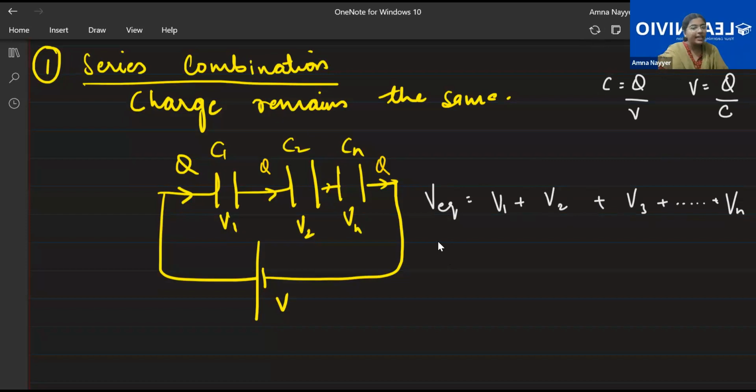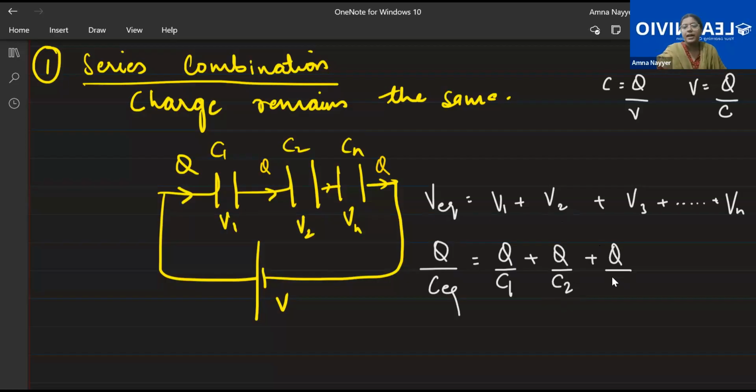Equivalent potential will have equivalent charge by equivalent capacitance, but charge is the same. V1 will be Q by C1, not Q1, because Q is the same, plus V2 will be Q by C2, plus Q by C3, like this, up till Q by Cn. Since the charges are the same on both sides, they get cancelled.